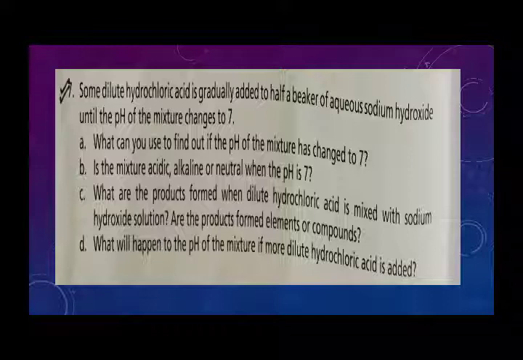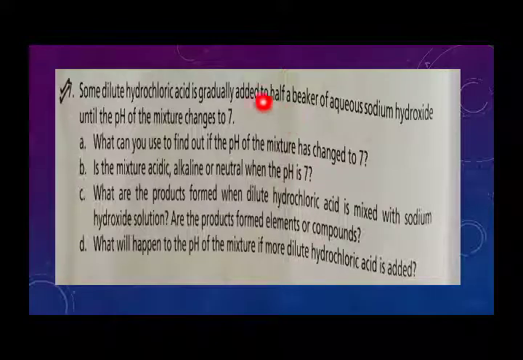Now, here you have to remember that when they say dilute hydrochloric acid, they are talking about an acid, and when they say aqueous sodium hydroxide, they are talking about an alkali. Whenever an acid reacts with an alkali, the reaction is always called a neutralization reaction because the product is always salt and water.